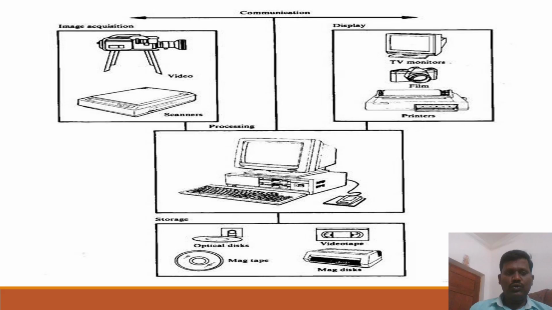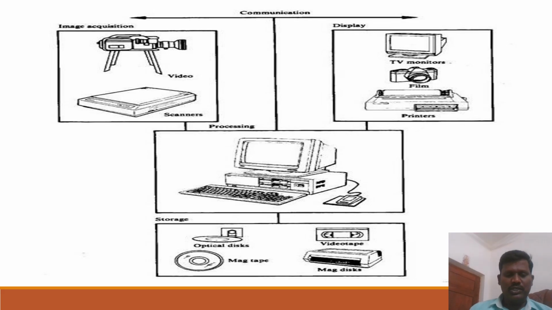But nowadays, with everyone having mobile phones, with the mobile camera we are capturing different images as we wish. So these are the image acquisition components. Once you acquire the image, you save the acquired image in storage.